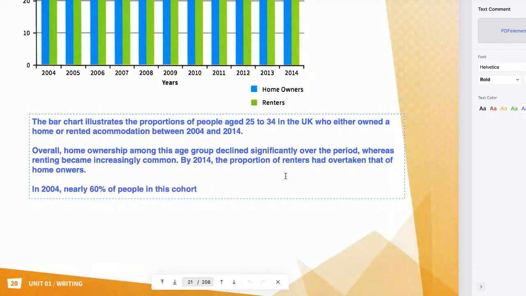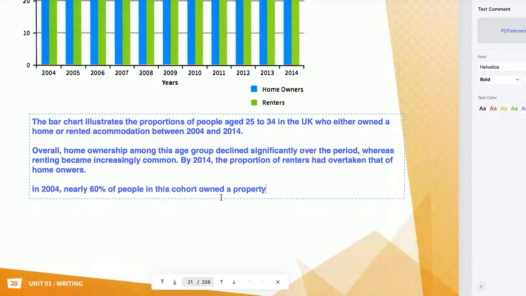And now we want to say they own a house, right? So we can replace that. Probably we try to say owned a property. How do you spell owned? Yes, that's right.